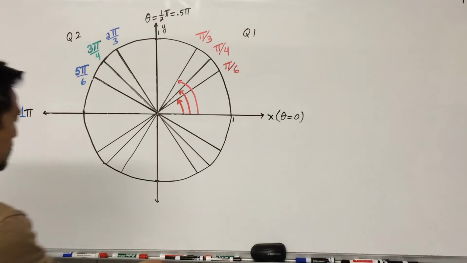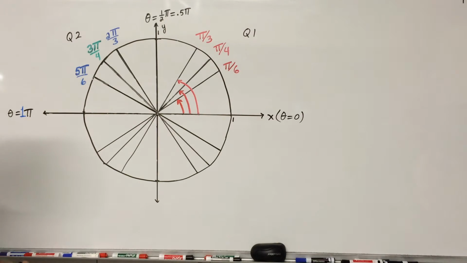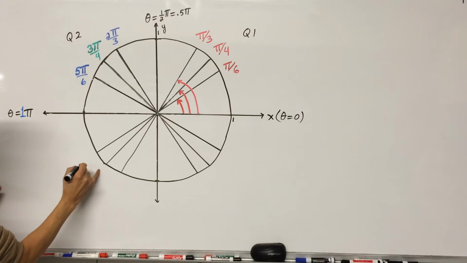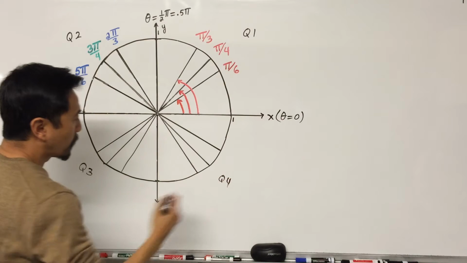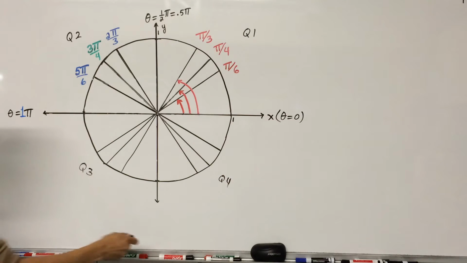Okay, class, now let's look at the patterns in our special angles that lie in quadrants 3 and quadrant 4 on the unit circle.